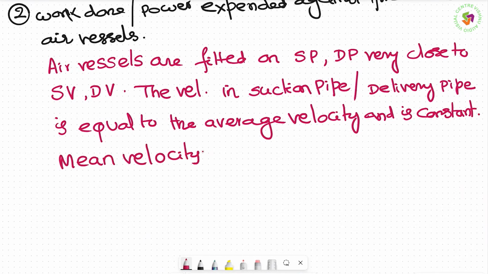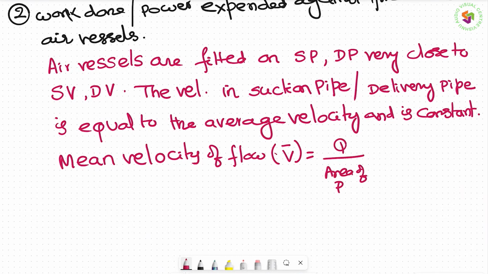Mean velocity of flow, V bar, is equal to Q by area of pipe. So Q is nothing but ALN by 60, divided by the area of the pipe, small a, suction or delivery, whatever it is.